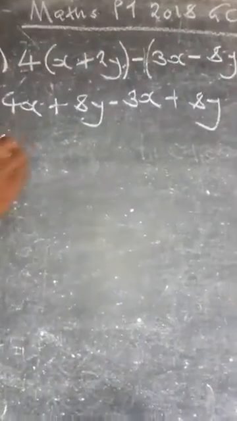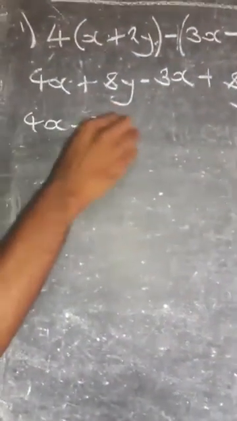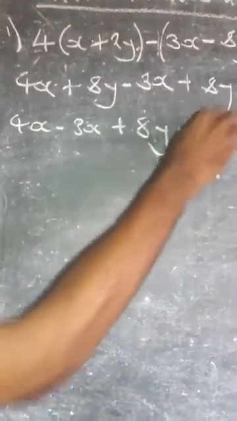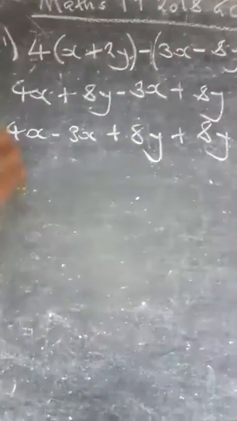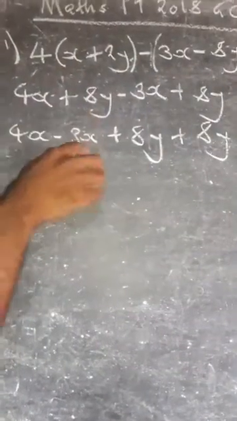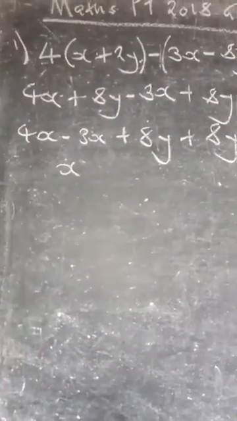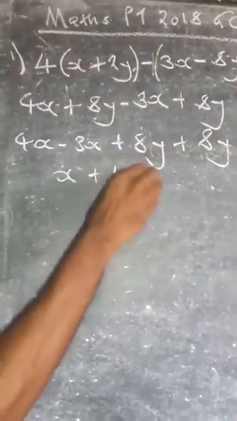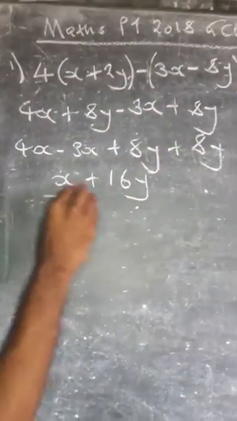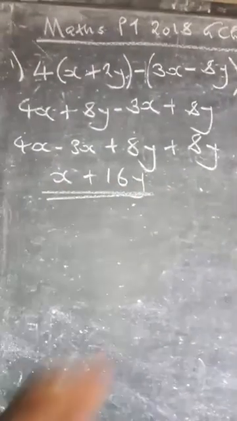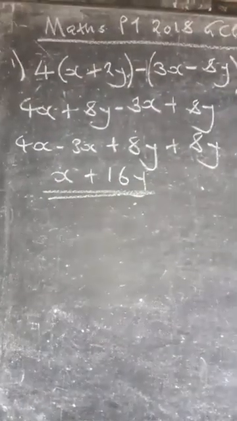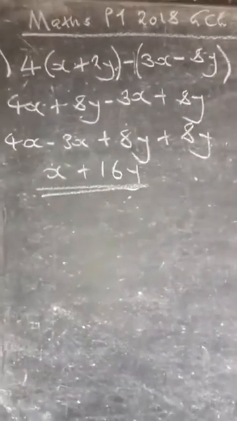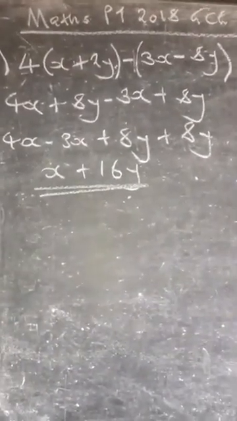So it will be 4x minus 3x plus 8y plus 8y. 4x minus 3x, that's just x. 8y plus 8y, that is plus 16y. That means that is your answer for the first one: x plus 16y.